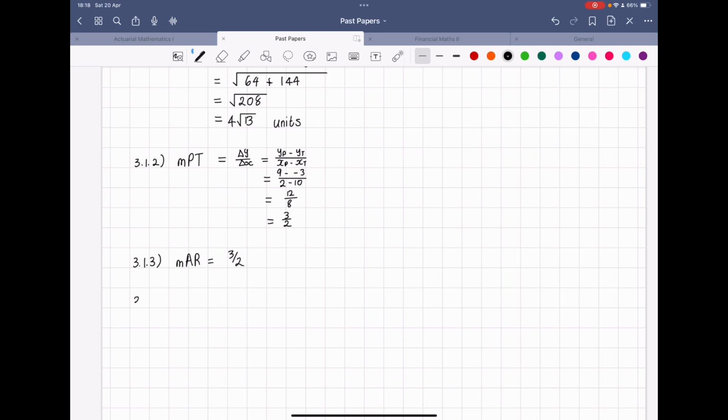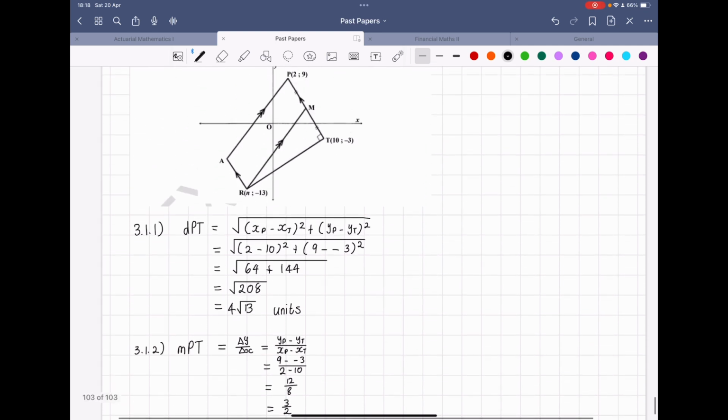Then 3.1.4, find the coordinates of M. So M is the midpoint of P and T, so I can just use the midpoint formula.